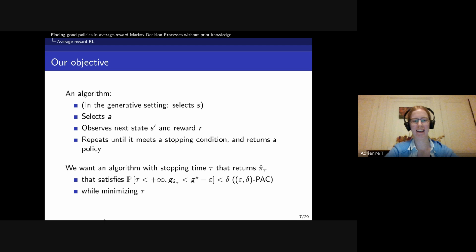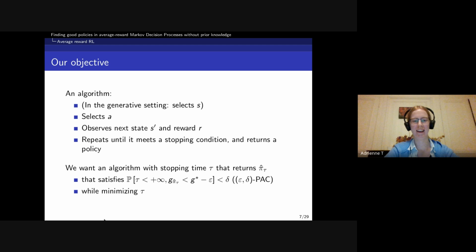To look at it a bit closer, there are two models that you can look at. Either you are in the generative setting, in which case your algorithm can simply sample anywhere it wants to. If there's a state that's very hard to reach, it can just choose to sample in that state. It doesn't need to go over there.